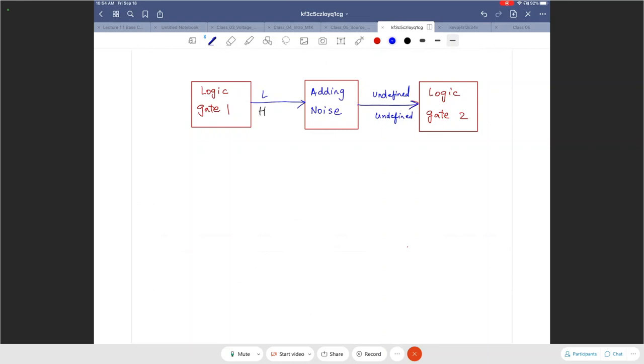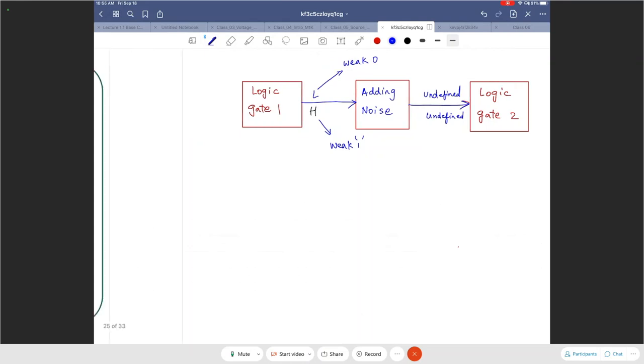We don't want that to happen, right? So who is more prone to this noise? Of course, the weak 0 and the weak 1 are more prone to this than a strong 0 and a strong 1, because they are far away from that edge.